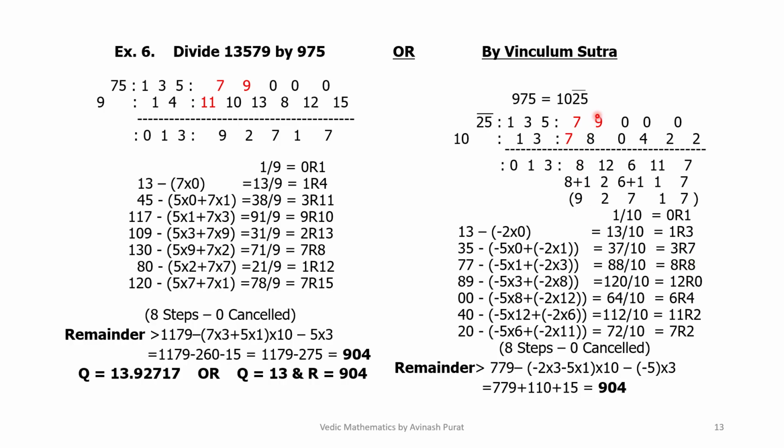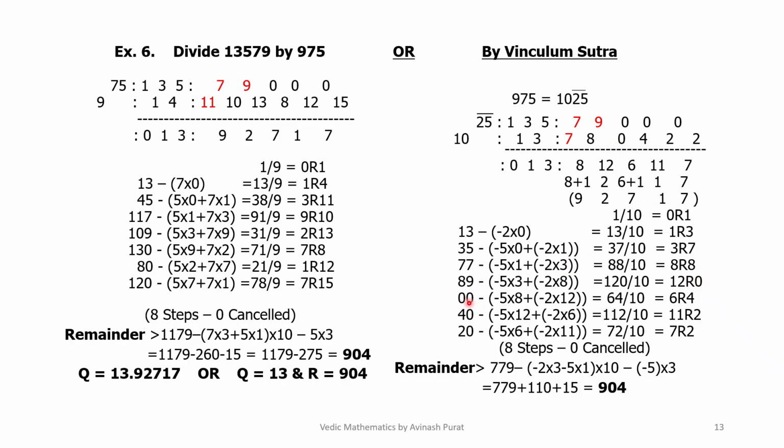Now 89 minus (bar 5 into 3 plus bar 2 into 8). So 16 plus 15, 31. 89 plus 31 is 120, divided by 10 becomes 12 as quotient and remainder is 0.